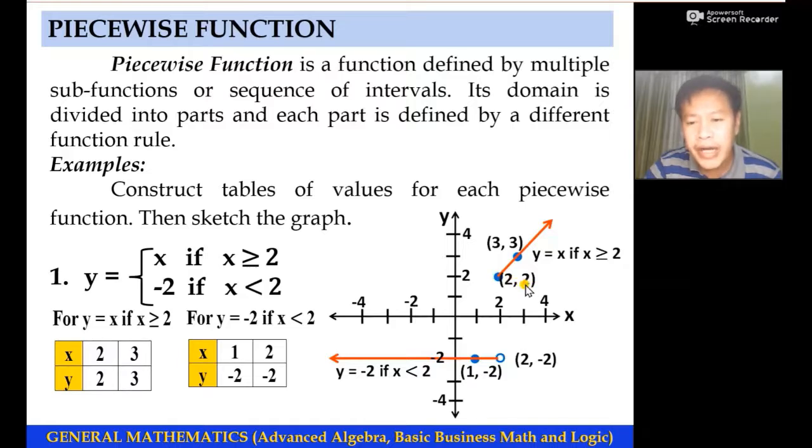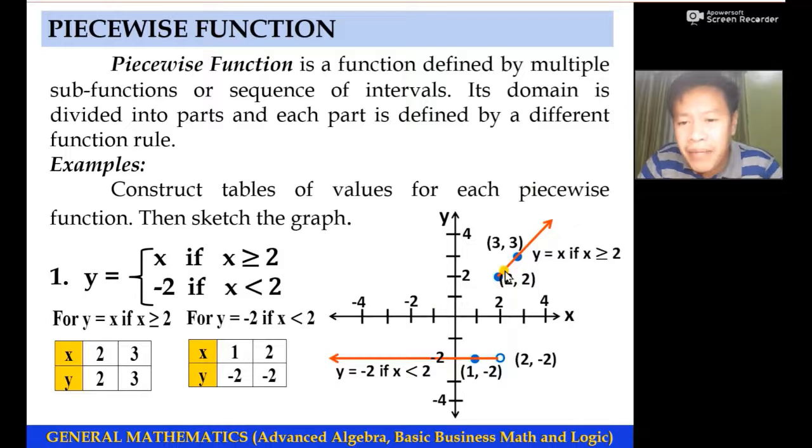The point with coordinates 2 and 2 going to the positive infinity. When we say infinity, it has no boundary. And it is being signified by this arrow to the right. Arrow to the right gives you a positive infinity. Arrow to the left gives you a negative infinity.